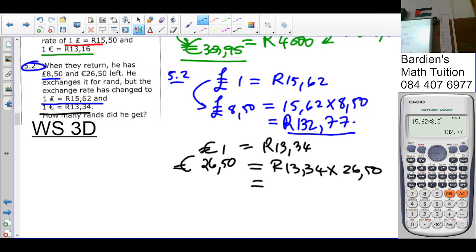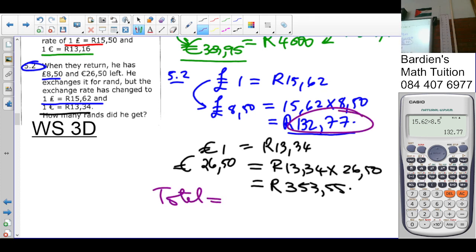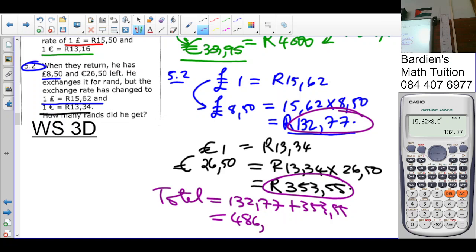Work that out, what do we get? 300.5. But what's the question? How many rands did he get in total? So in other words, the total that he got for the euros and for the pounds must be added. How much do you get there? 486.28.